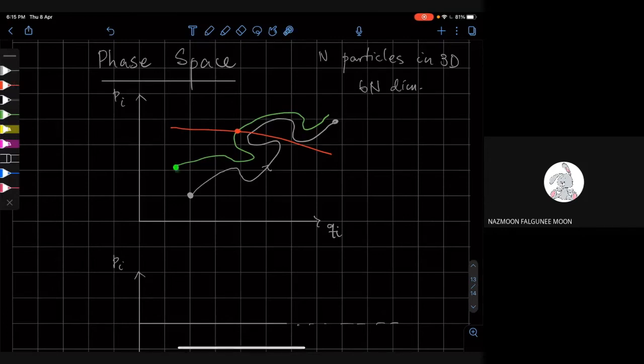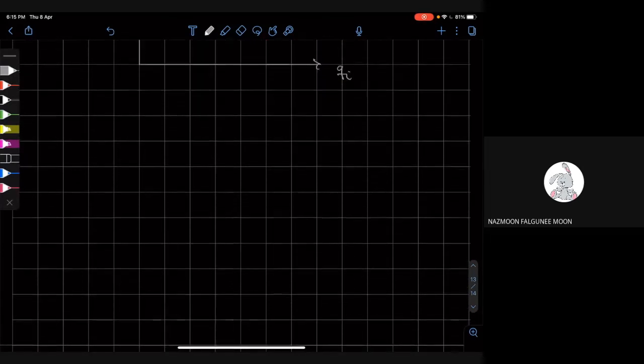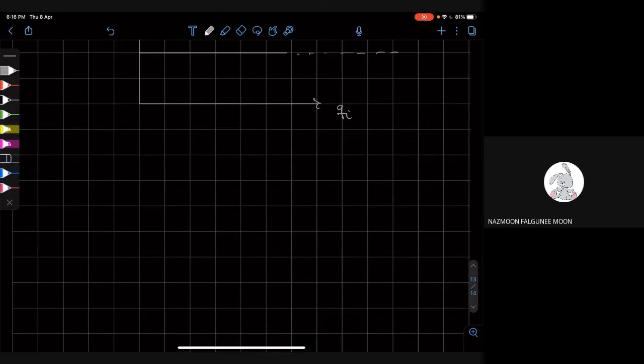Does the particle go like this, or does it go like this, right? So these sorts of intersections cannot happen. All trajectories in phase space, however complicated they may be, cannot intersect.